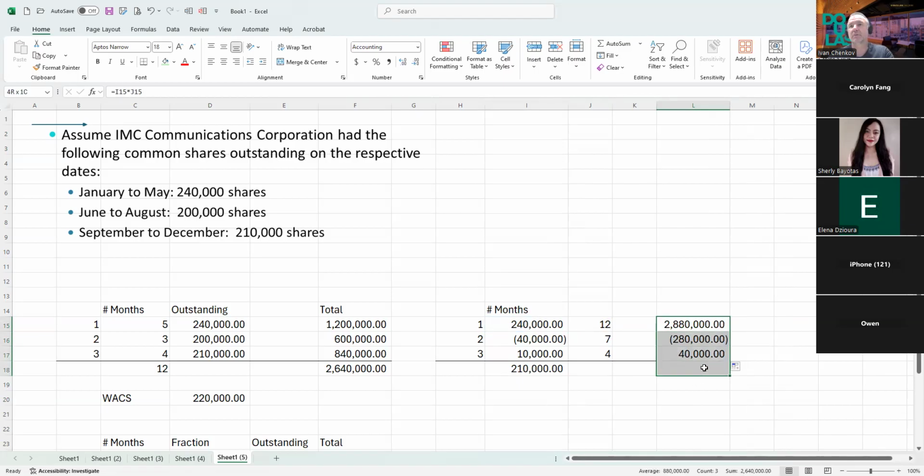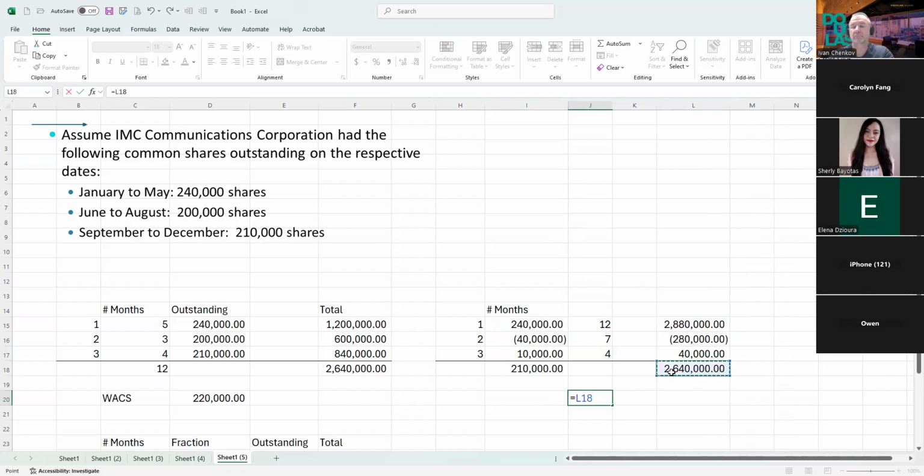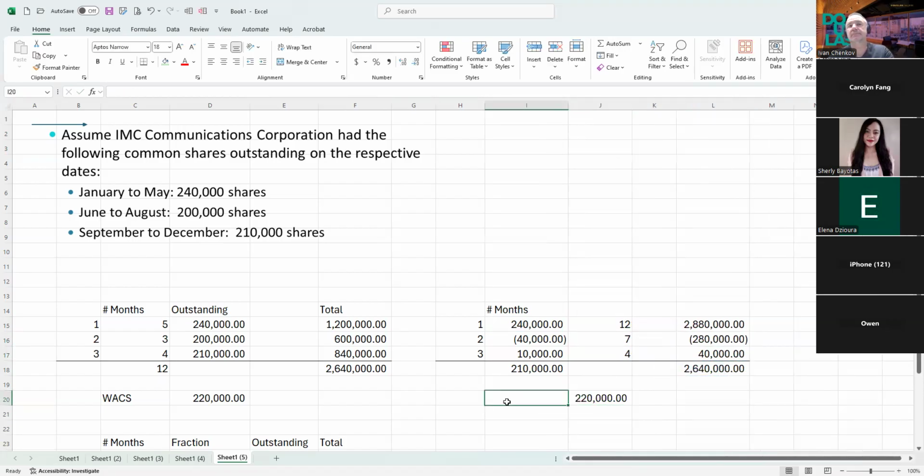My total here will be that much, divided by 12 months. My weighted average is 220,000.